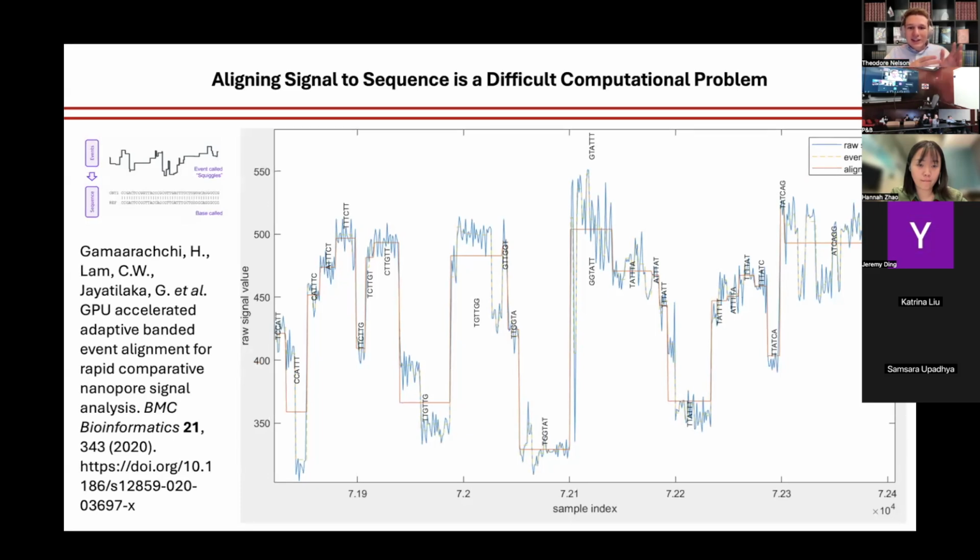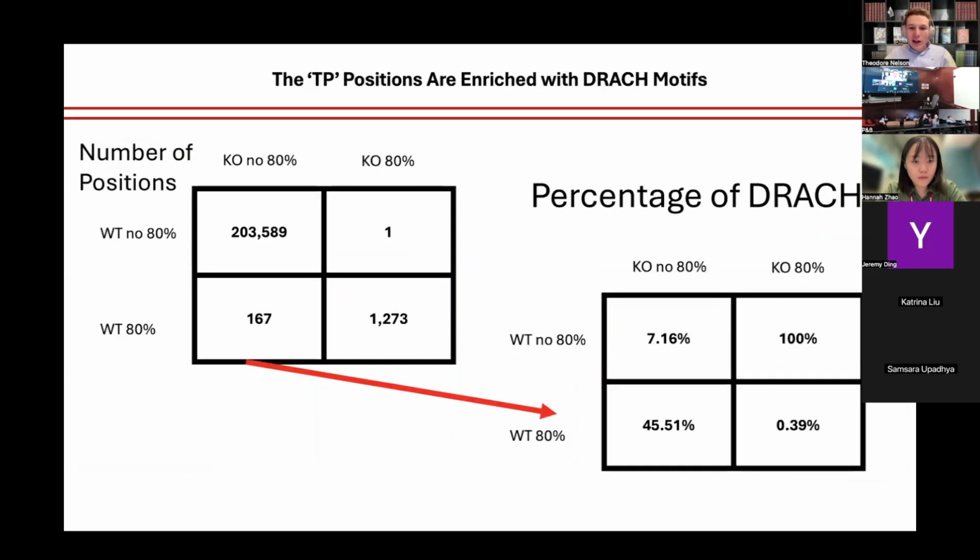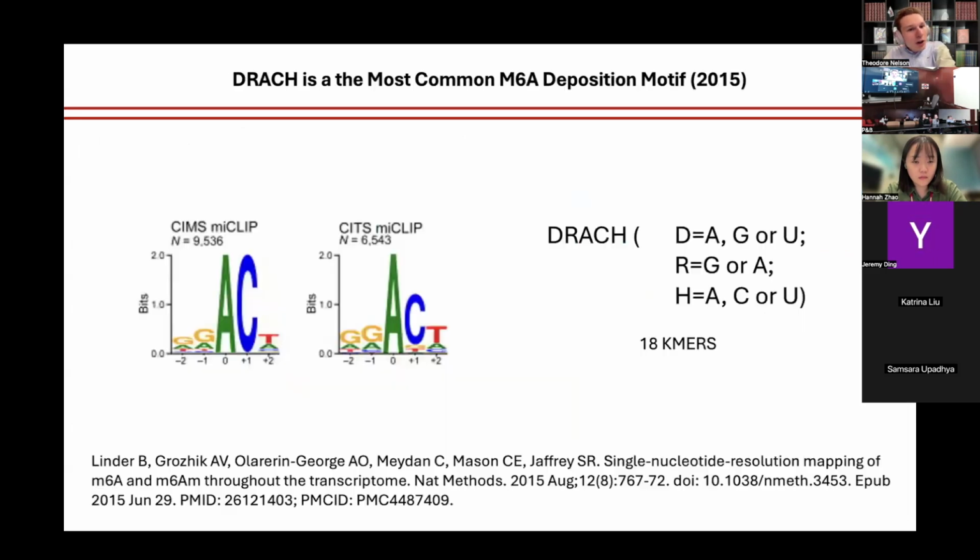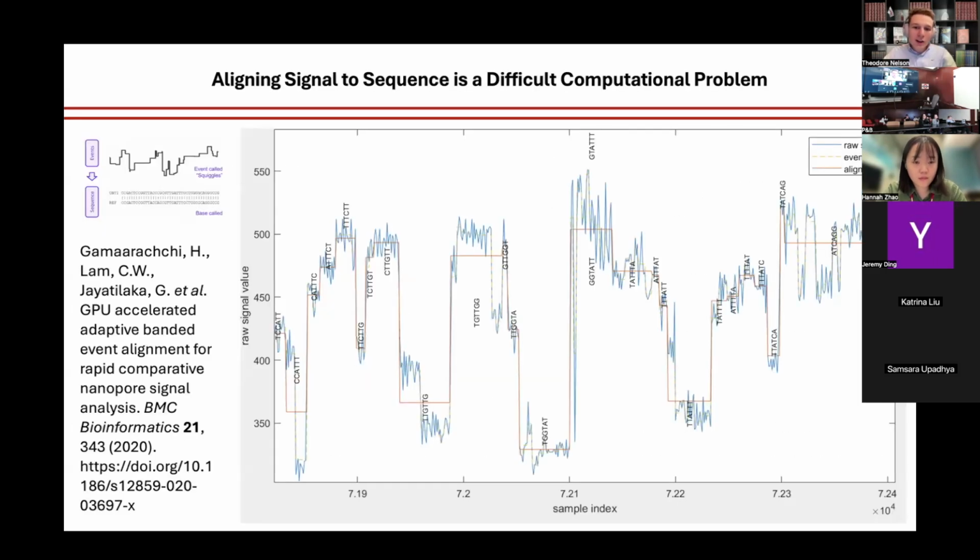Aligning a signal to a sequence is not necessarily an easy computational problem. But Hasindu implemented an approach, utilizing this k-mer model and knowing what the mean current levels are, to remap the original signal to each individual k-mer.